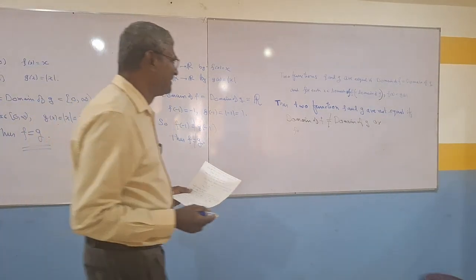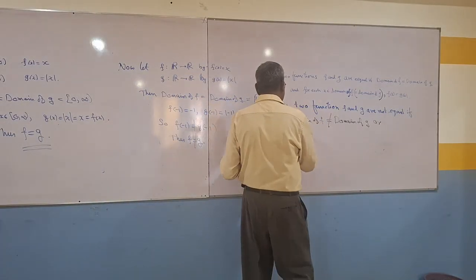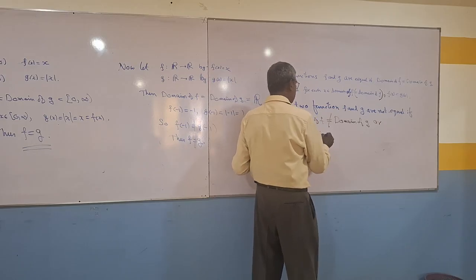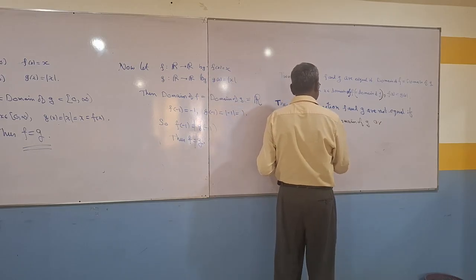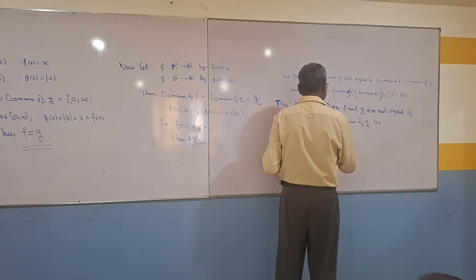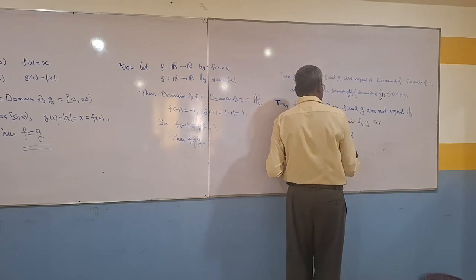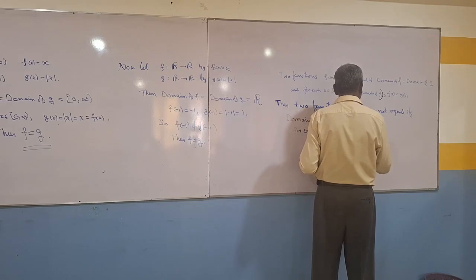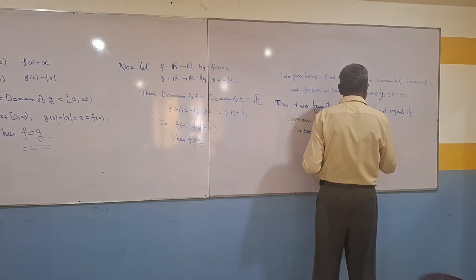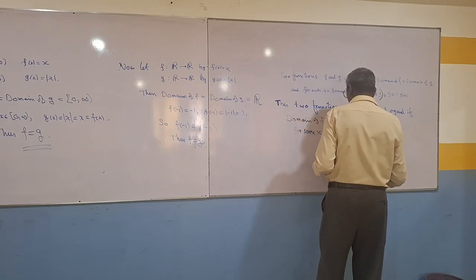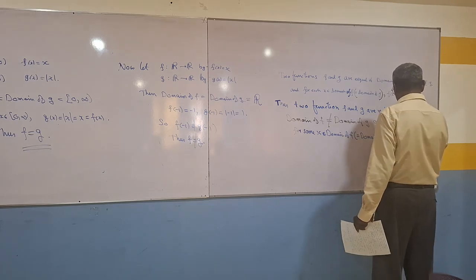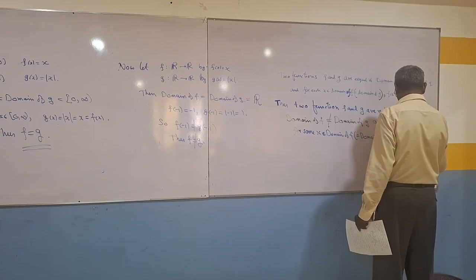Ask him to give me that. For some x belongs to domain of f, we don't have to write that part, but anyway, it will be right. For some x belongs to domain of f, f(x) not equal to g(x).